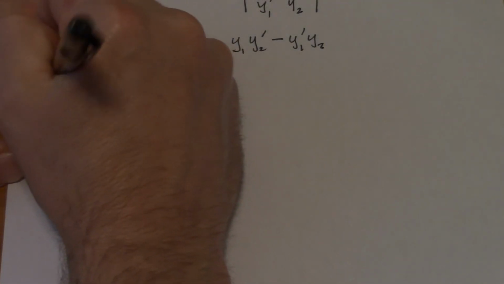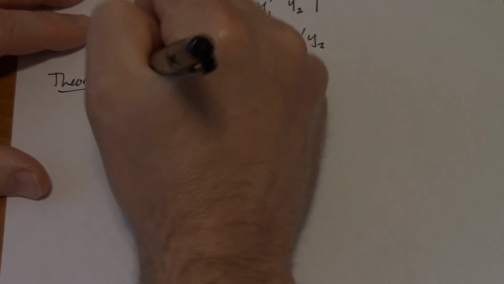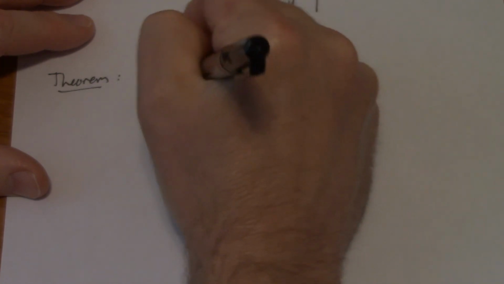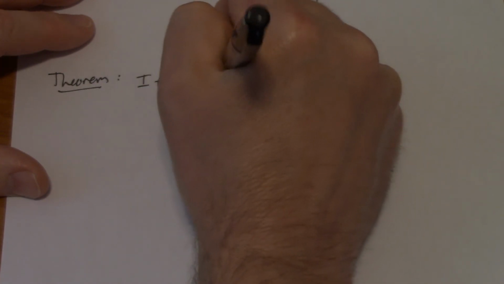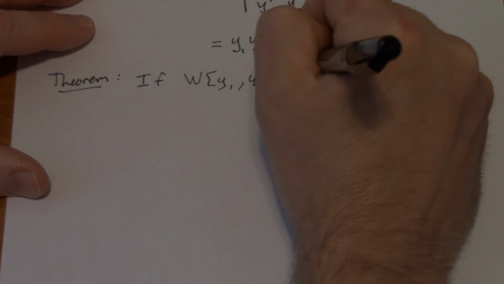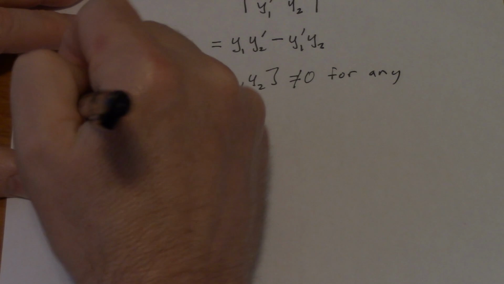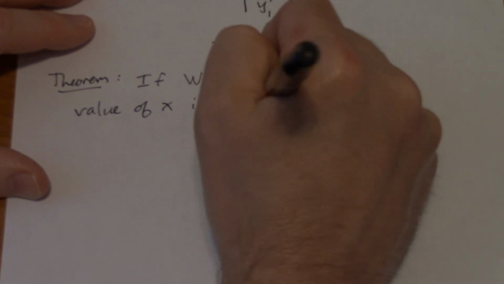Okay, so there's the theorem. If the Wronskian of y1 and y2 is not equal to 0 for any value of x between negative infinity and infinity.